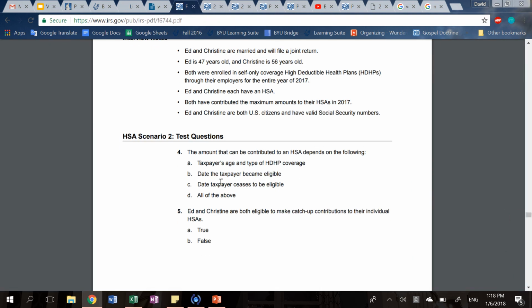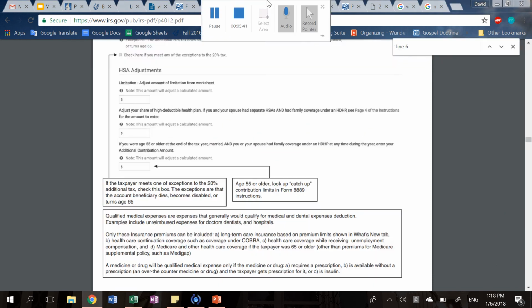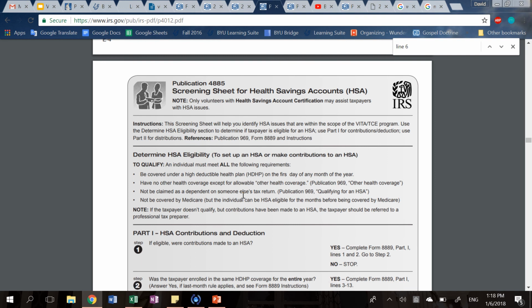Alright, so the date that the taxpayer became eligible and the date that the taxpayer ceases to be eligible. In order to contribute to the HSA and have it be tax deductible, the individual has to meet these 4 requirements right here. To qualify, be covered under an HDHP on the first day of any month of the year, have no other health coverage except for allowable other health coverage, not be claimed as a dependent on someone else's tax return, and not be covered by Medicare.